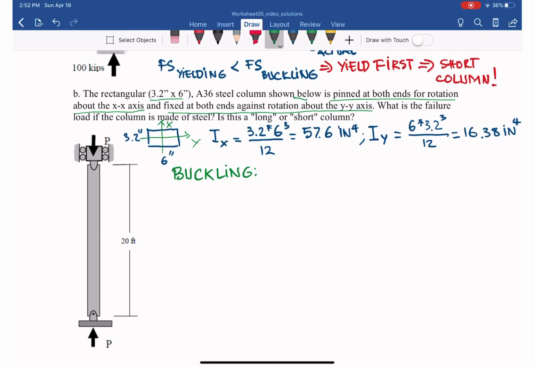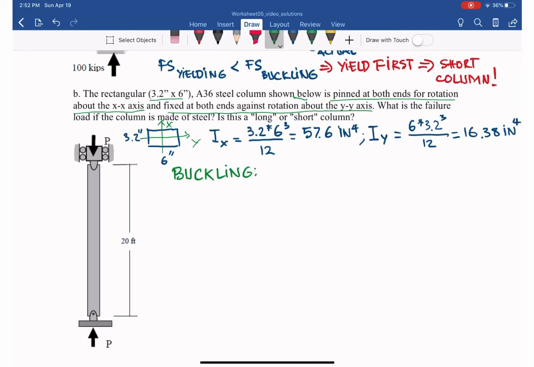For buckling, as I mentioned, because the end conditions in x and y direction are not the same, and the area moment of inertia for the cross section is not the same, we have to determine the critical load for bending in x and y direction separately.